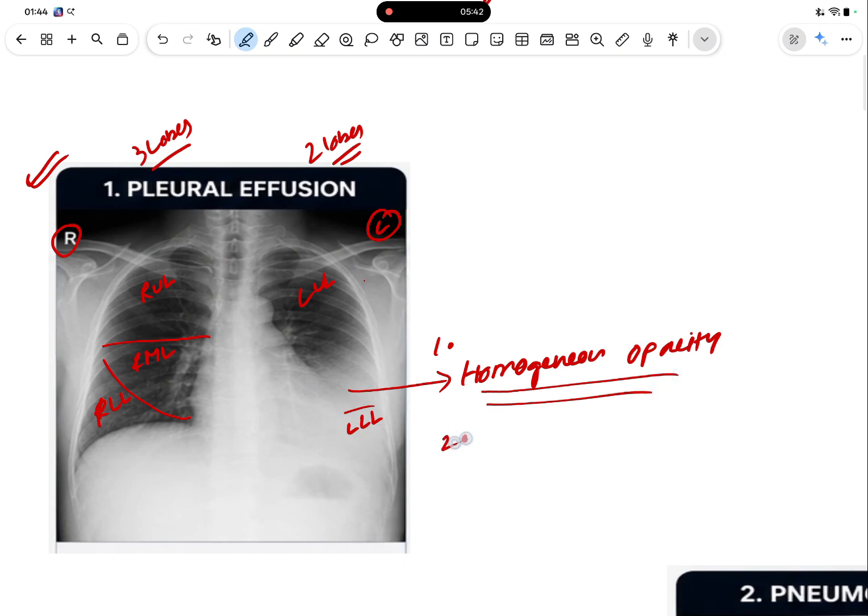The second point is that there is obliteration of the costophrenic angle. If the effusion were in the right lung, there would be obliteration of the cardiophrenic angle as well as the costophrenic angle. Both angles would have been obliterated. In this case we can clearly say that there is obliteration of the costophrenic angle.